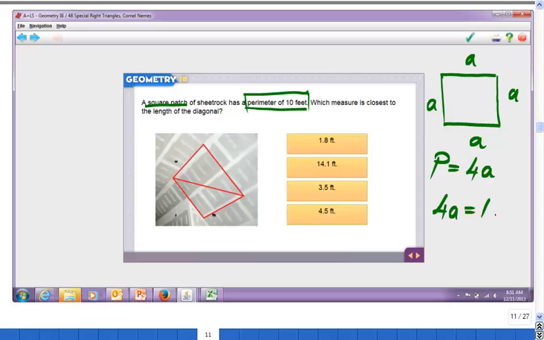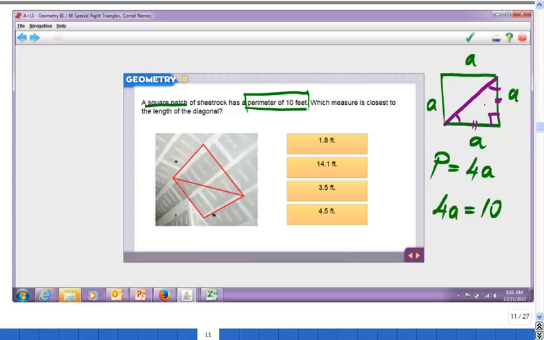Okay? We also remember that a diagonal in a square will divide my square into two triangles, which are not just ordinary triangles, they're right triangles, and more than that, they're right isosceles triangles. Okay?